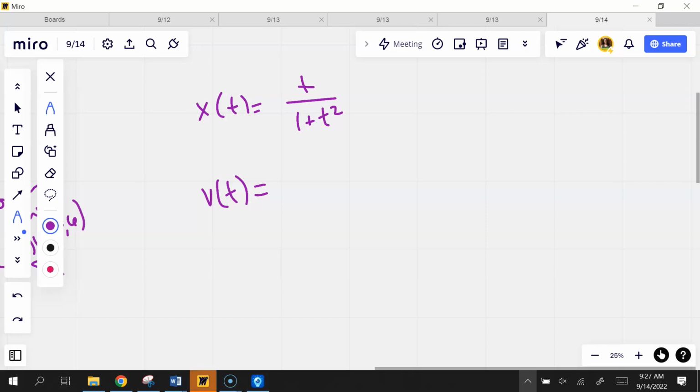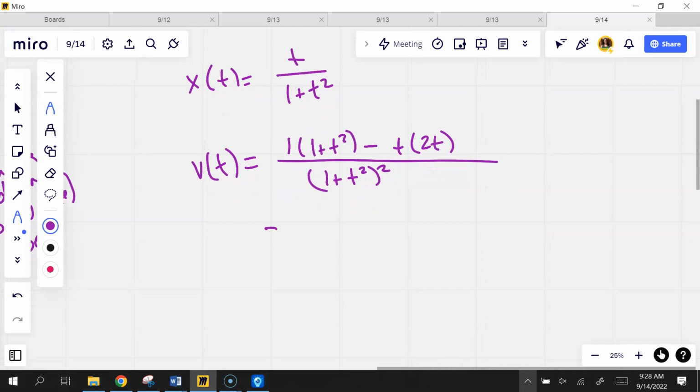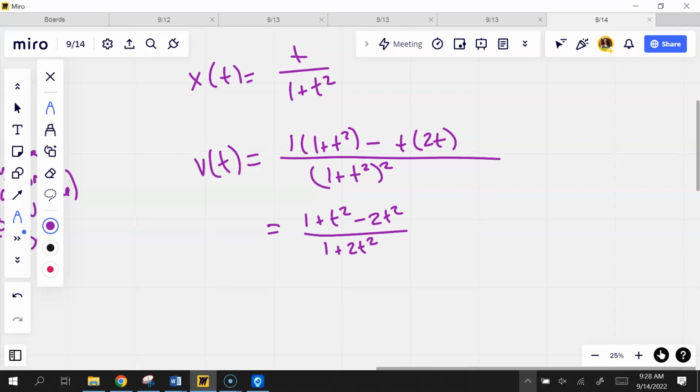Derivative of the top is 1 times the bottom minus the top times derivative of the bottom, all over the bottom squared. Clean it up just a little bit and let's hope it looks a little better. 1 plus t squared minus 2t squared over 1 plus 2t squared plus t to the 4th.